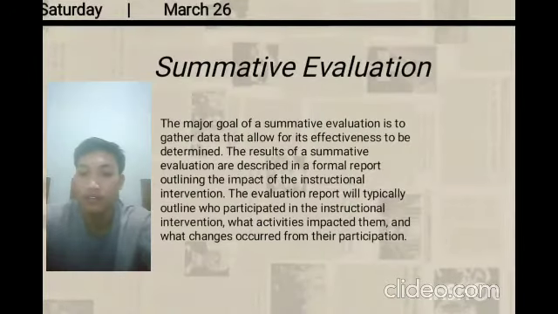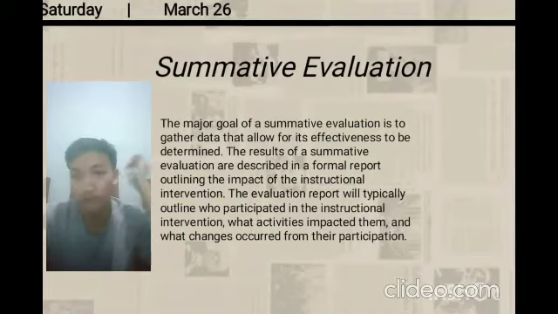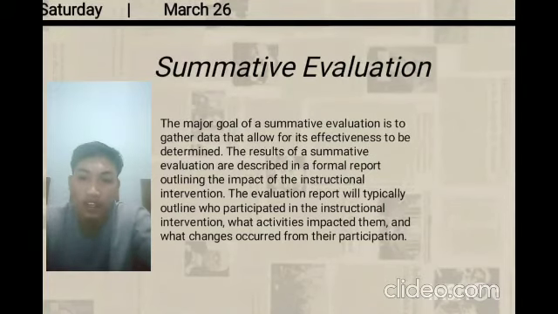Next, we focus our discussion of summative evaluation on four different approaches that instructional design experts advocate. The purpose is to introduce how summative evaluation is approached in instructional design. It is not to make you an expert.